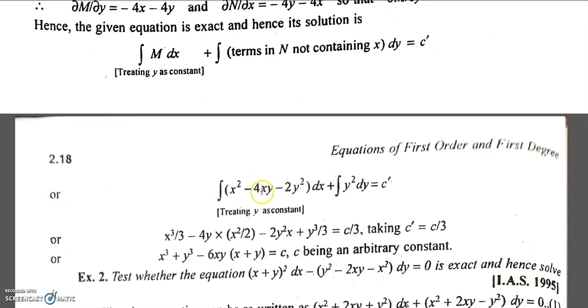Here y is constant, so 4x square by 2, that is 2x square y, minus 2xy square, plus y cube by 3 equal to c by 3. We can write c dash as c by 3 because this is a constant, to adjust the solution. So this is our final answer, final solution.